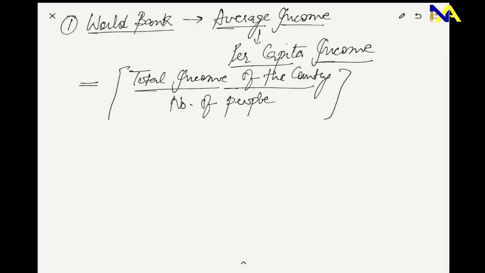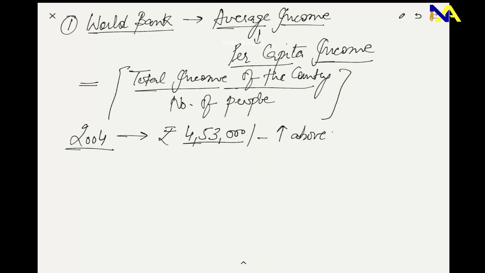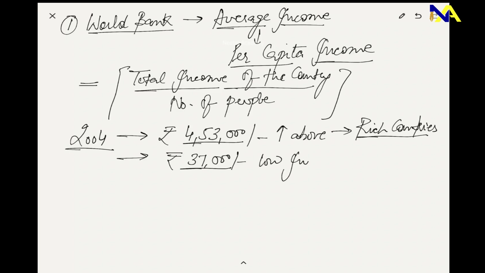And as per the data provided in the NCERT, as per the 2004 data, it has been found that countries that have an average income or per capita income of rupees 4,53,000 or above are called rich countries. The countries where earning per person annually is below 37,000 rupees come in the category of low income countries.